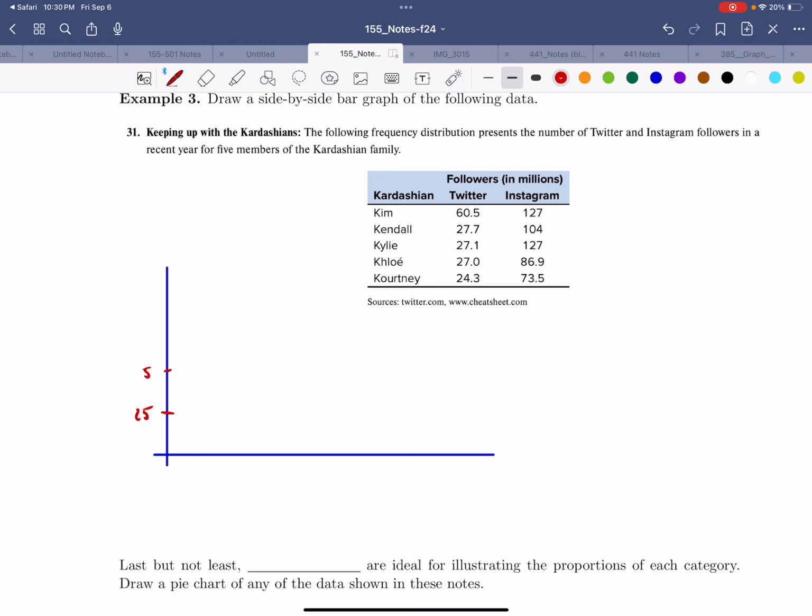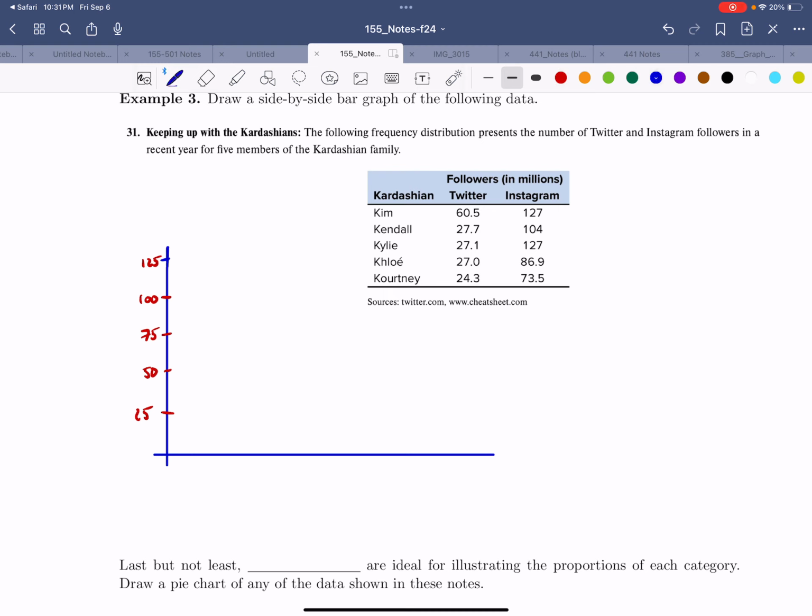This is 50. 75. I'm just basing this off of the data. 100. And then I guess if we extend this a little bit, I guess we have to. Right here we have 100. 125. 100. Right, something like that. All right, so that should be good.